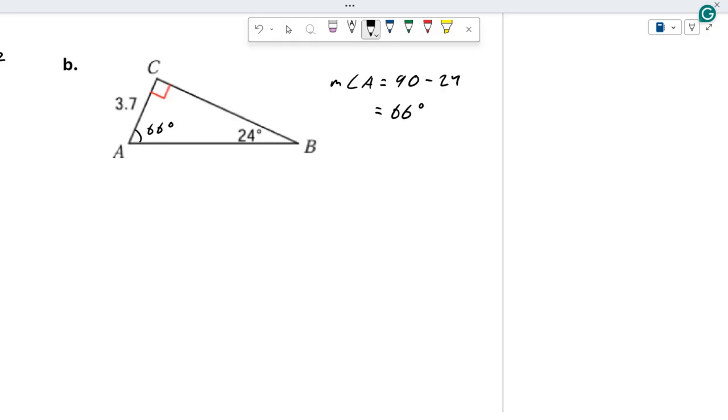And it doesn't really matter which one we get first. It also doesn't matter which angle measurement we use, if we use the 24 or the 66.